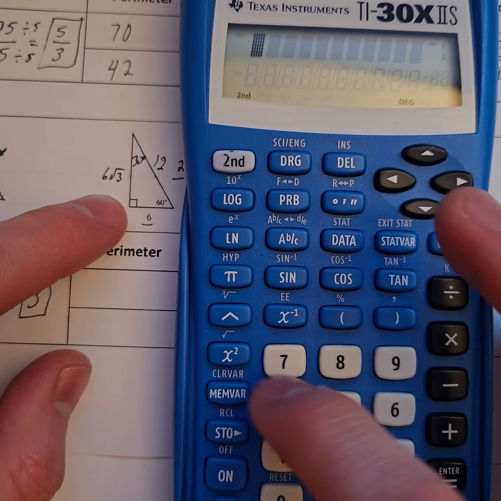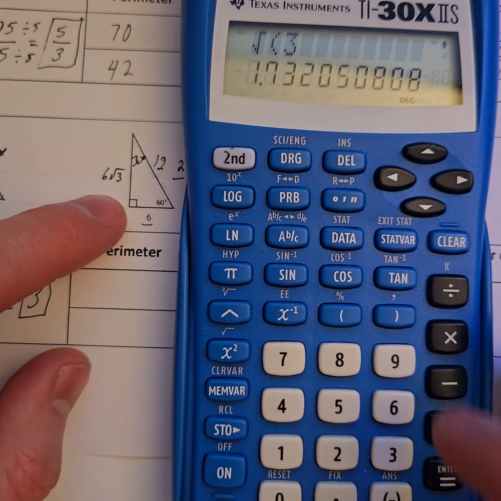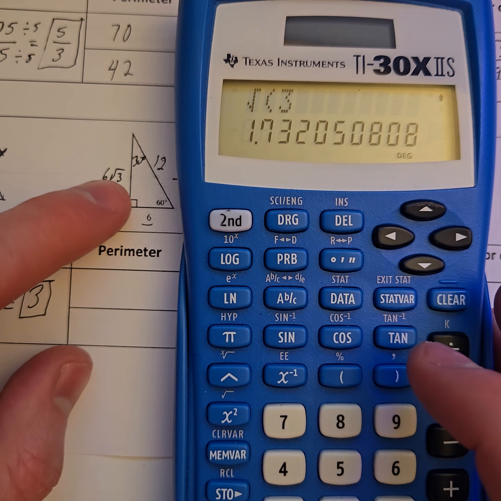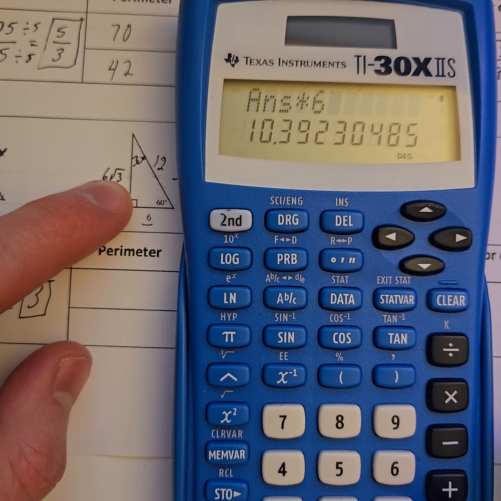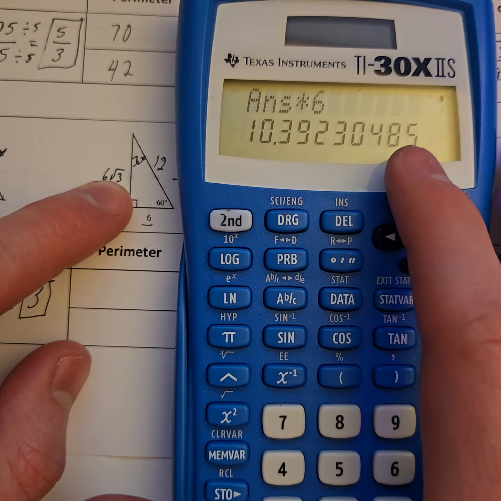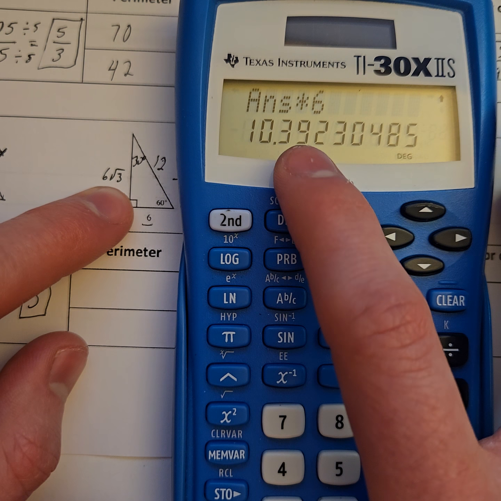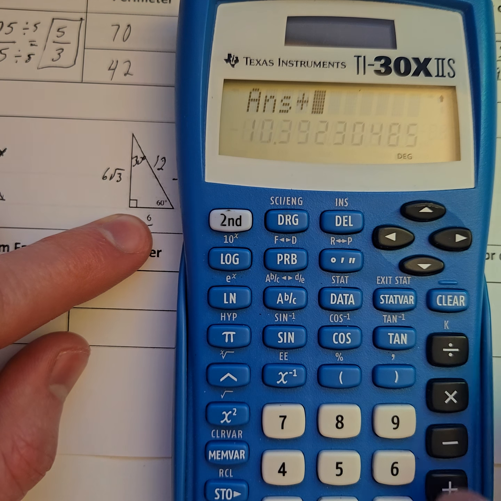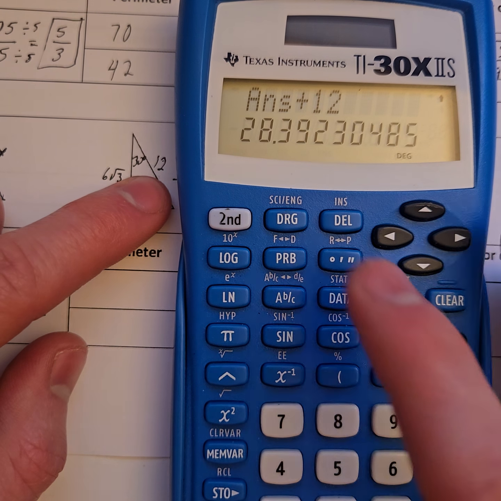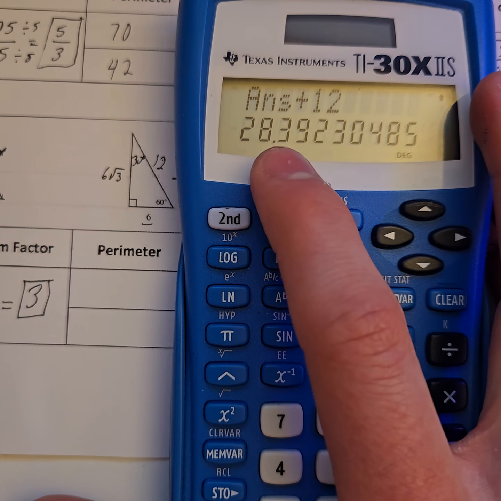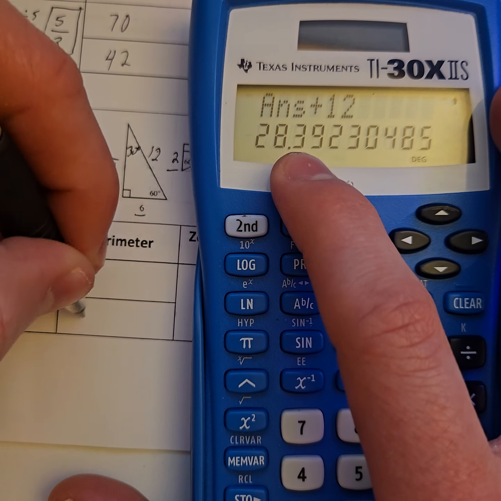Let's actually do the square root of 3 first. Square root of 3 is that. I want to take that times 6. Okay, so that's 6 square root 3 right there. It's around 10.4. And then we want to add 6. And then we want to add 12 as well. Okay, there's our perimeter. So it's around 28.4.